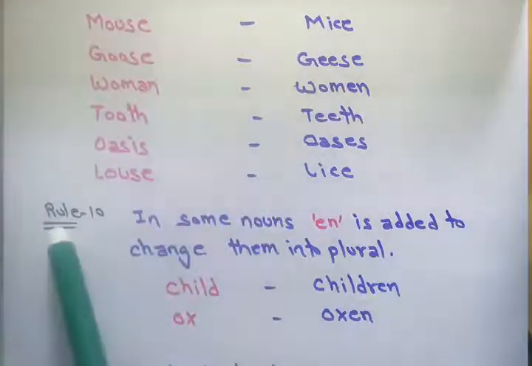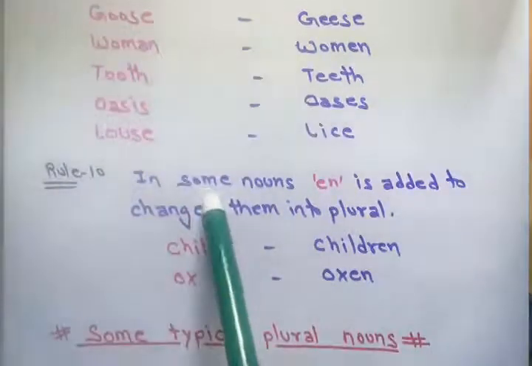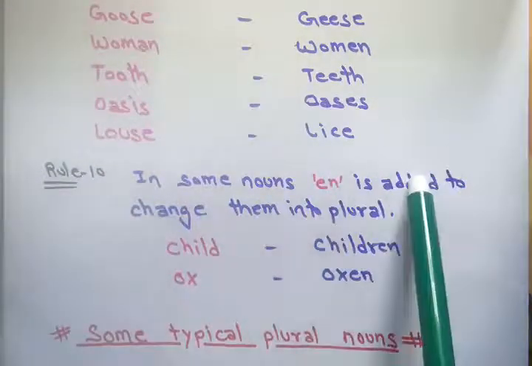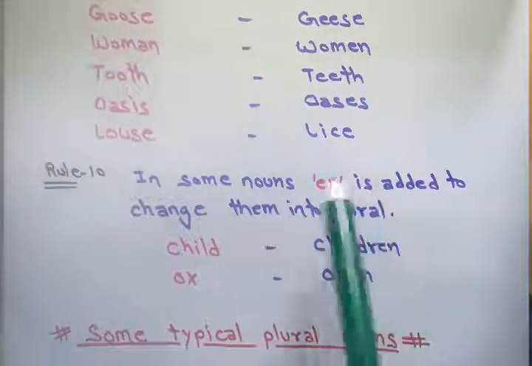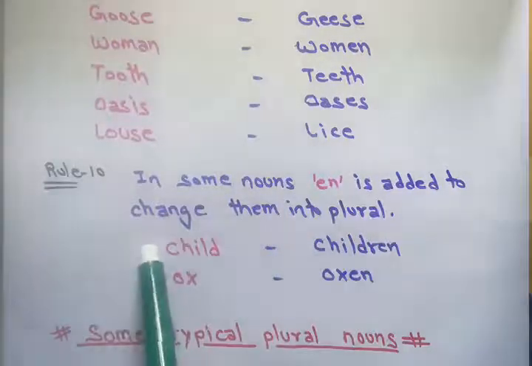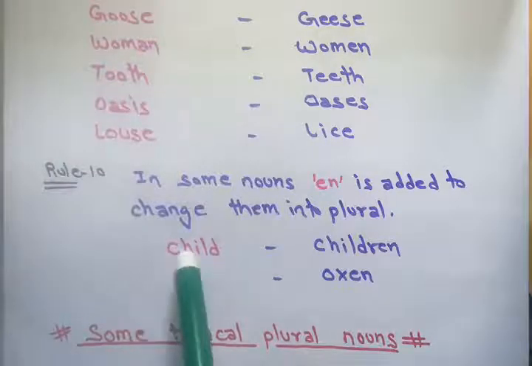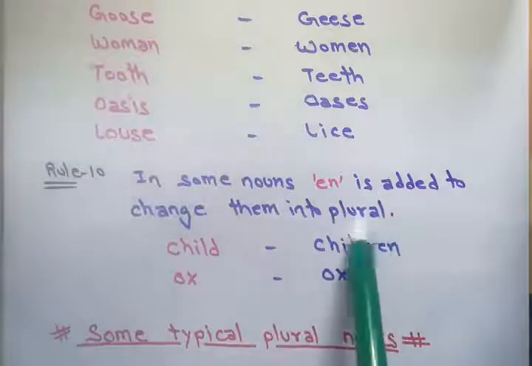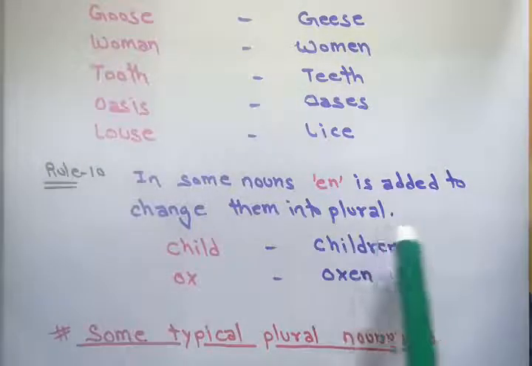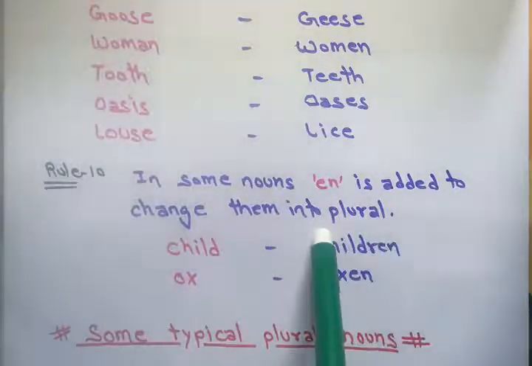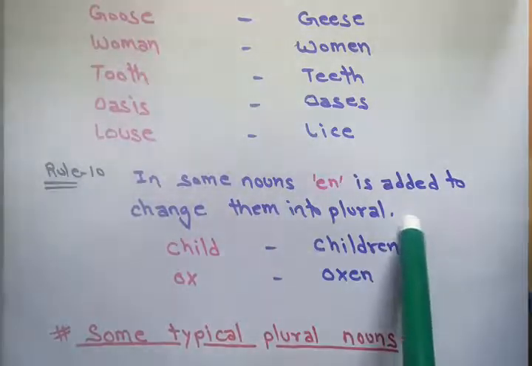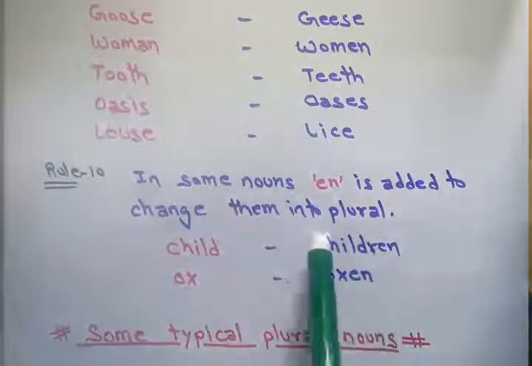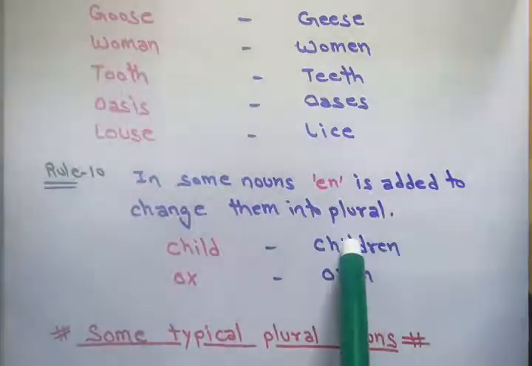Then rule number 10. In some nouns, en is added to change them into plural. So let's see the example. Like the first example, child. Its plural is children. Some people use children as a singular, but it is always a plural. Some people add s after children, but that's totally wrong.